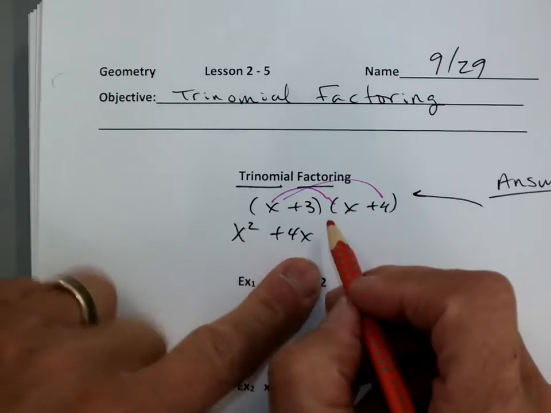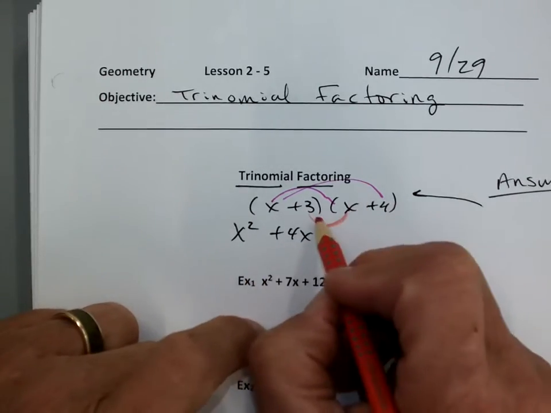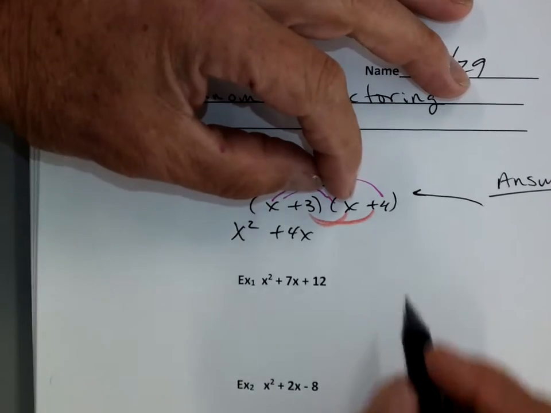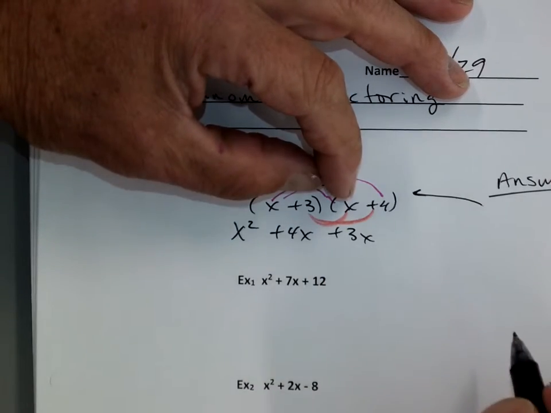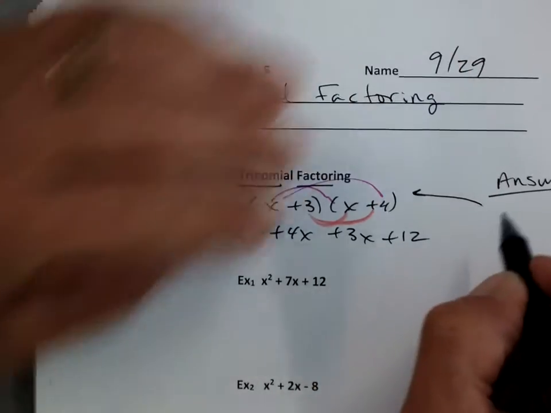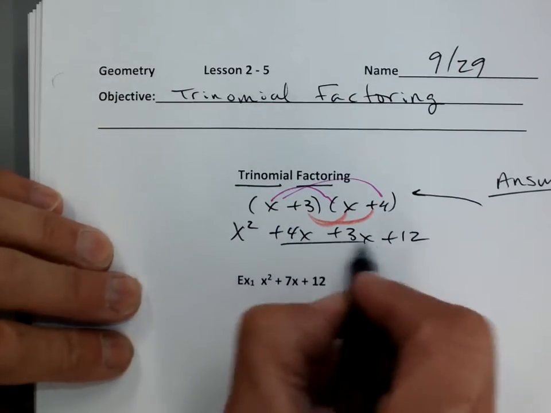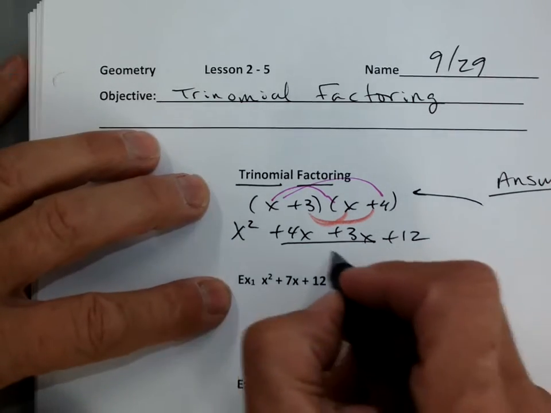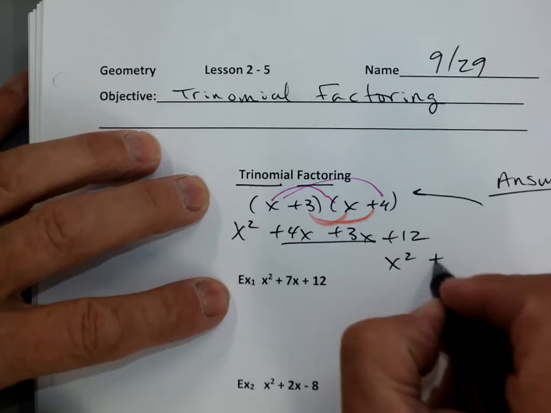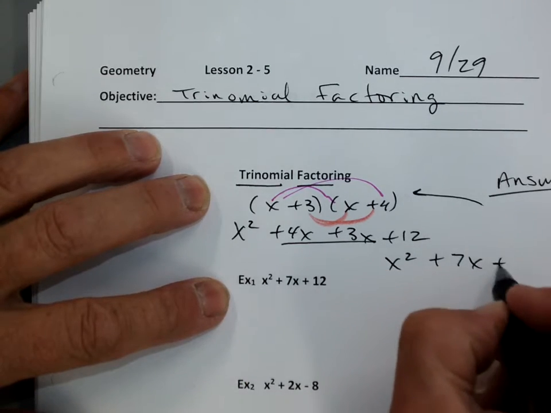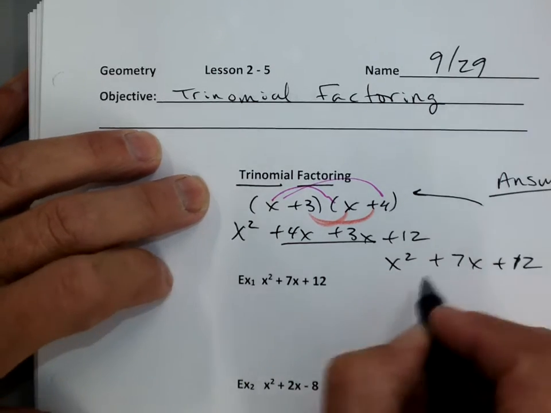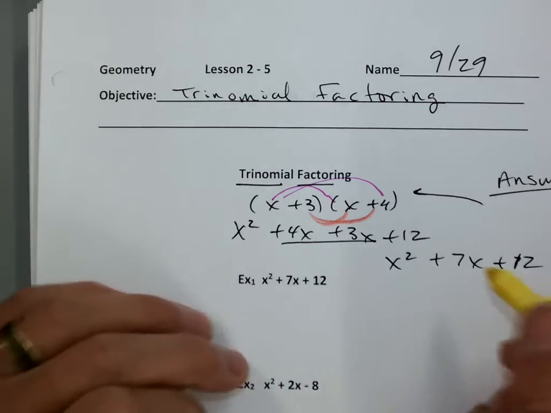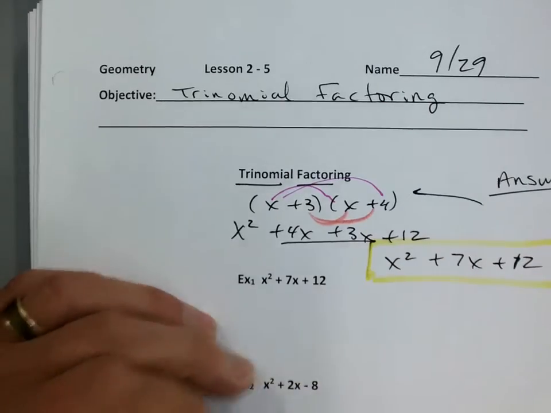I also distributed the 3 times x, a positive 3x, and 3 times 4, a positive 12. We can combine these two middle terms because they're the same. So I can have an answer of x squared plus 7x plus 12. And that's my answer to multiplying it all out.